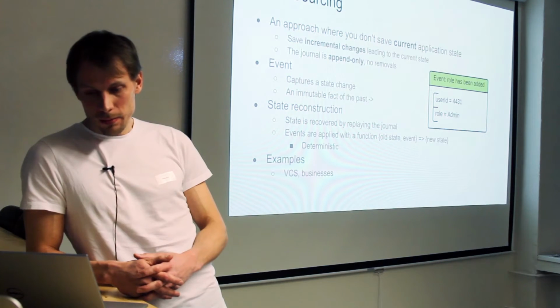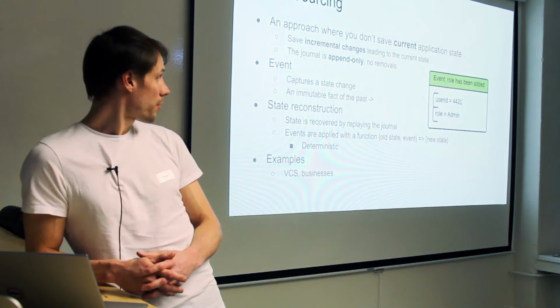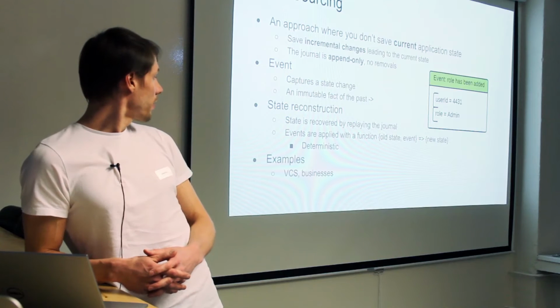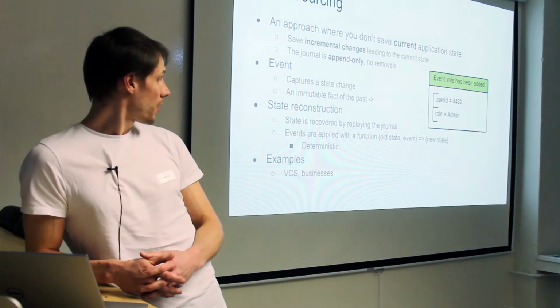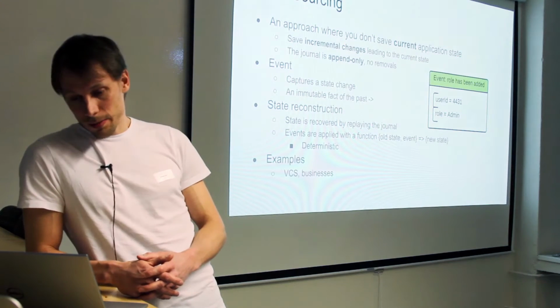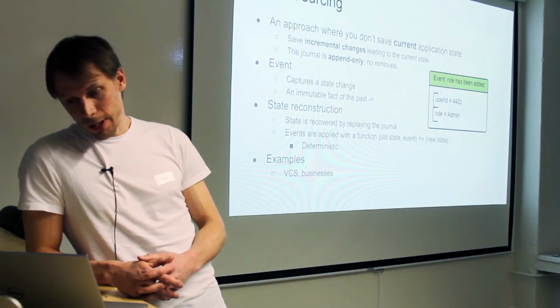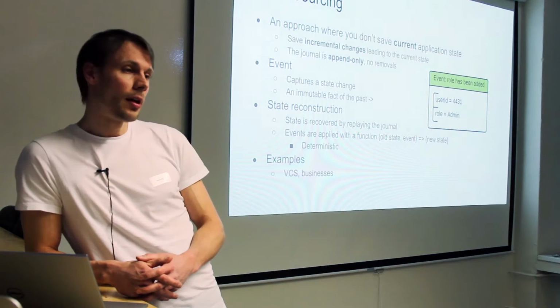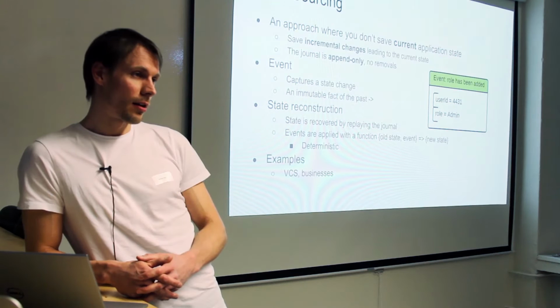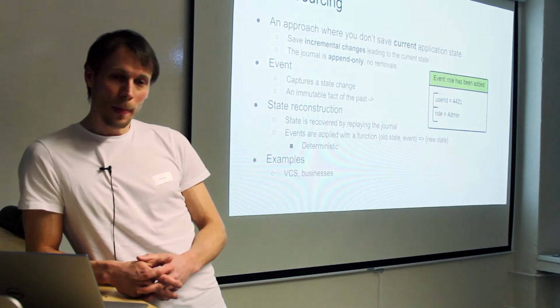The application is done by a function that you provide. The function basically takes an old state and an event and produces the new state. And the function has to be deterministic, meaning that if it has once succeeded in applying an event, it has to succeed in the next invocations.